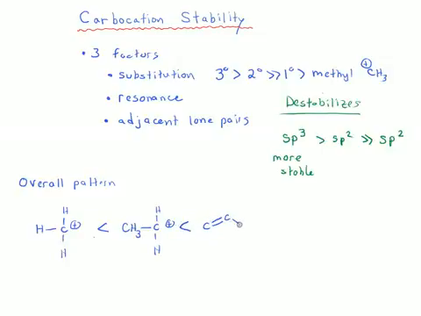Now allyl is an example of a primary carbocation, but it's resonance stabilized. So this is allyl. And then we have, this is about the same as benzyl, where we have a benzene ring attached to a CH2+. So again, this can be stabilized through resonance.